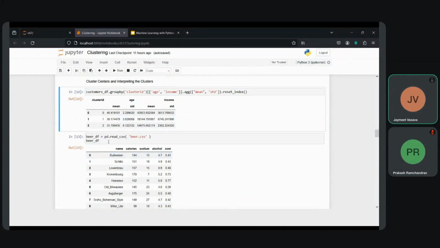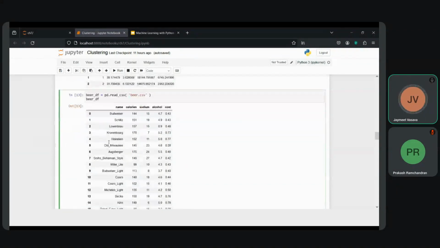After that, we discussed segmentation in the market, and we discussed an example of a company entering as a new beer brand.